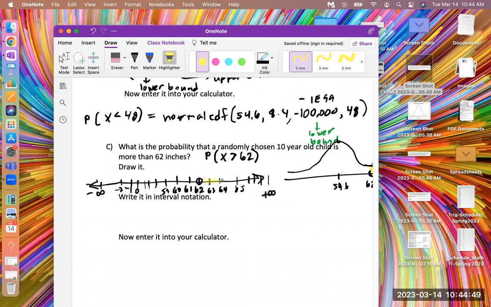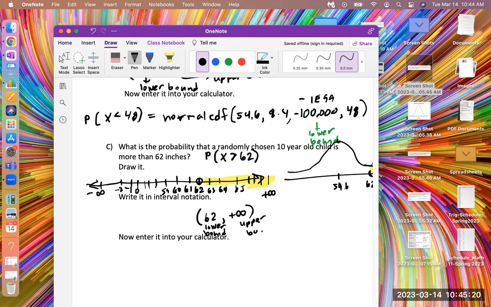They're over here: 63, 64, 65, all the way to, and it's important, the upper bound is positive infinity. To write that in interval notation, I write parenthesis 62, comma, positive infinity, parenthesis. So the lower bound is 62, and the upper bound is positive infinity.